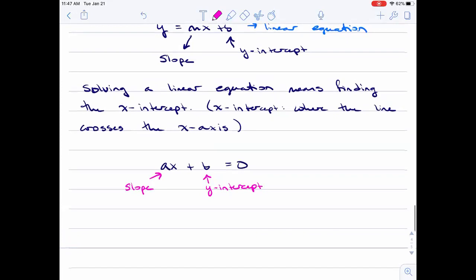It doesn't matter if you use mx plus b or ax plus b, or if you go into statistics, you'll probably use b1x plus b0. It doesn't matter, as long as you keep in mind that whatever is attached to the x is the slope, and whatever is on its own is the y-intercept.